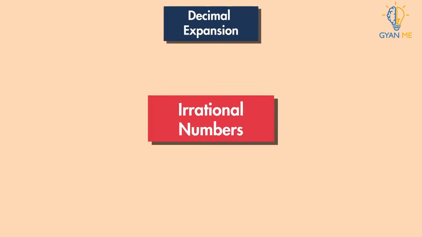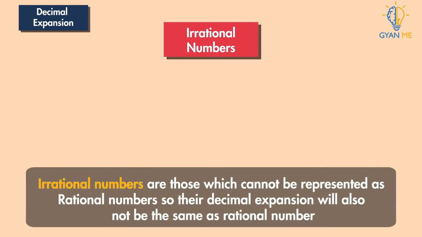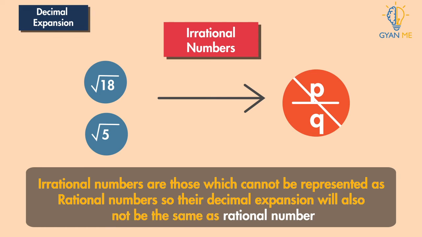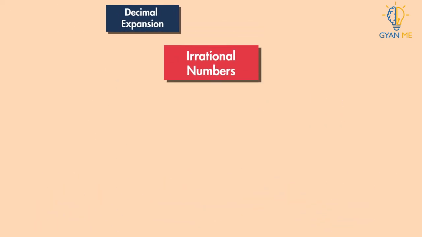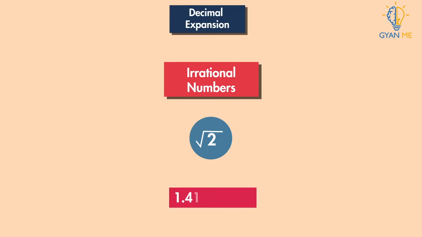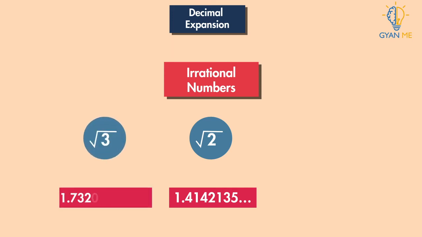But as we know that irrational numbers are those which cannot be represented just like rational numbers in their p by q form. So their decimal expansion will also be not the same as rationals. Say for example, the decimal expansion of an irrational number root 2 is 1.414235 and so on, while that of root 3 is 1.7320508075 and so on.